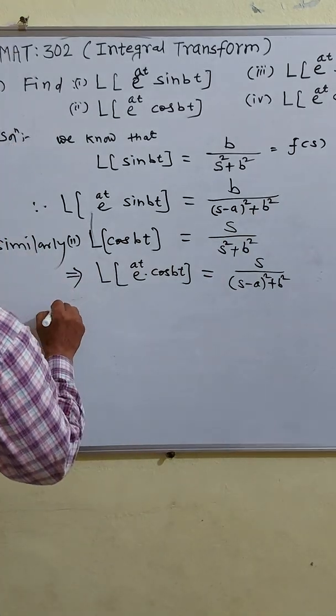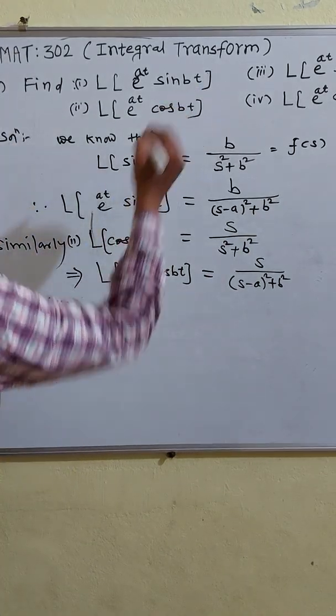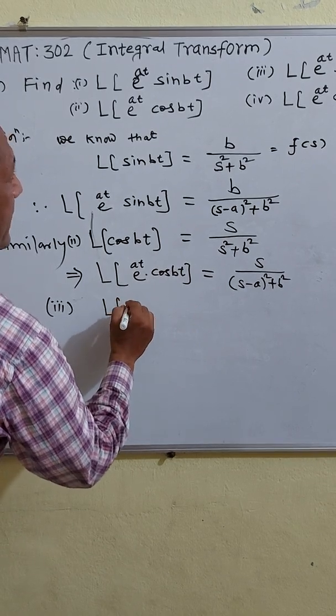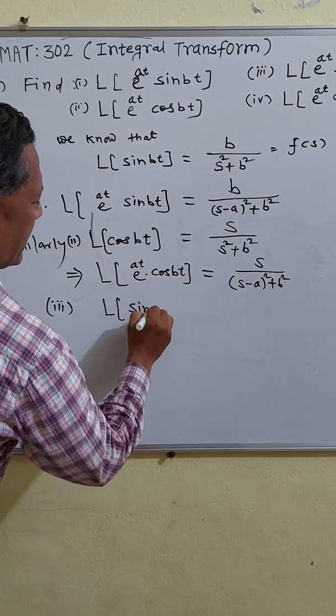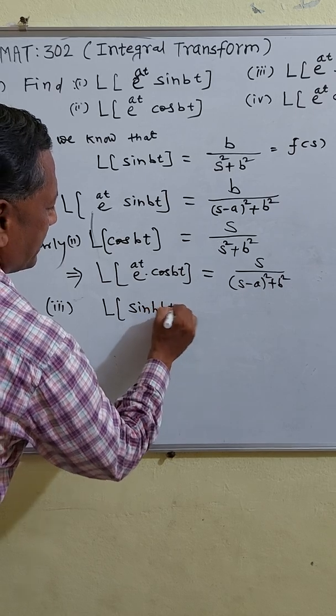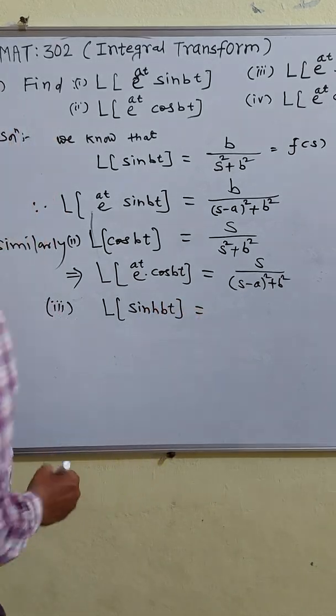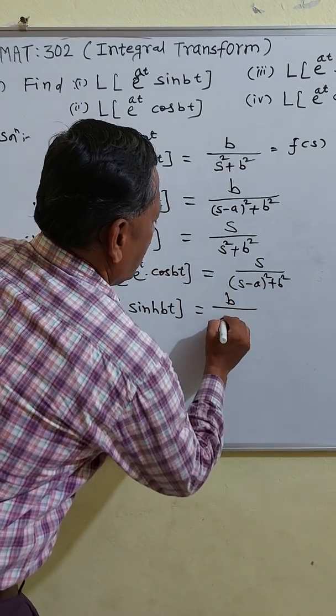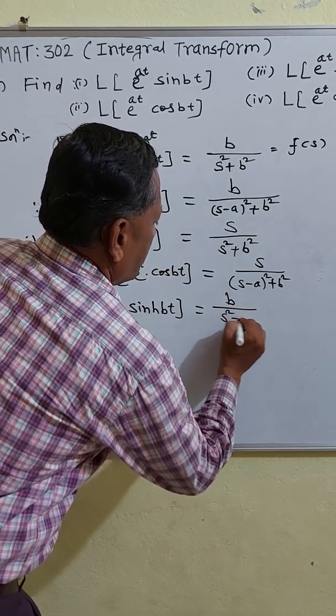Number 3. Again you know the Laplace transform of sin of hbt, the hyperbolic function, is equal to b upon s square minus b square.